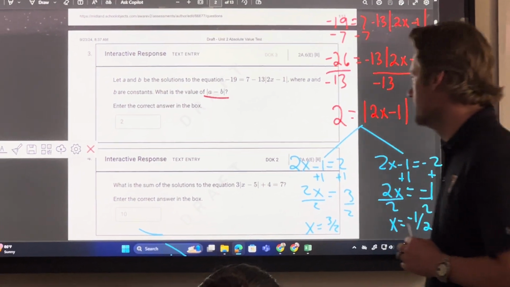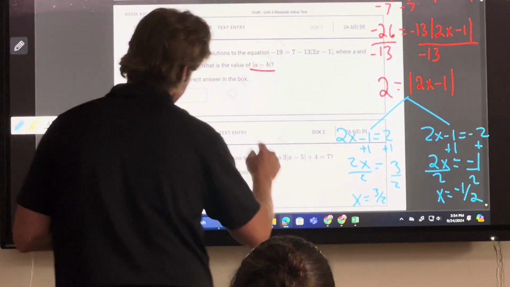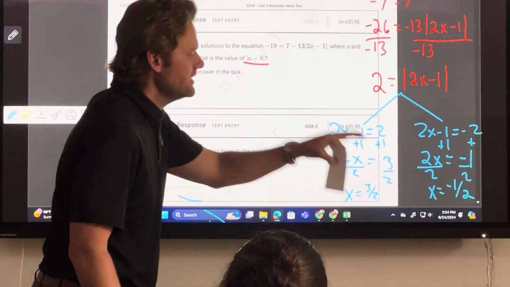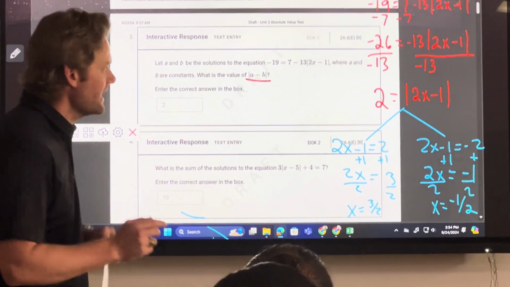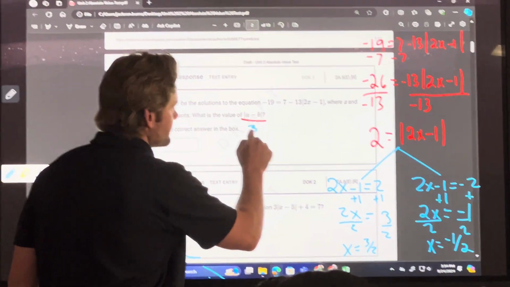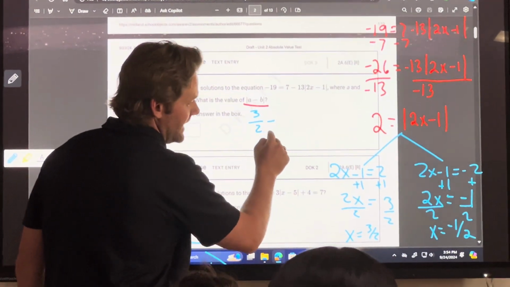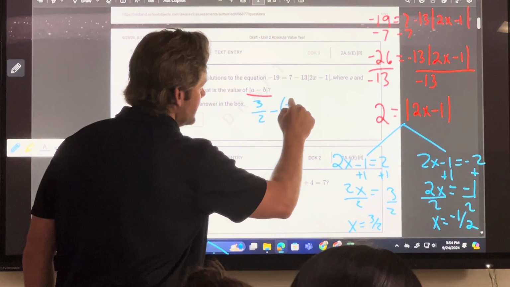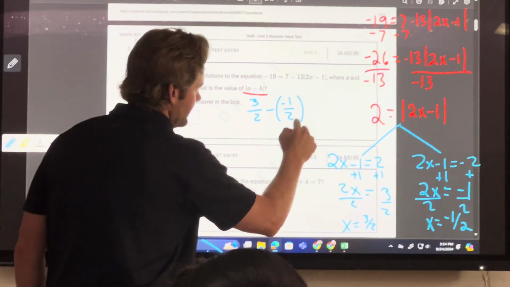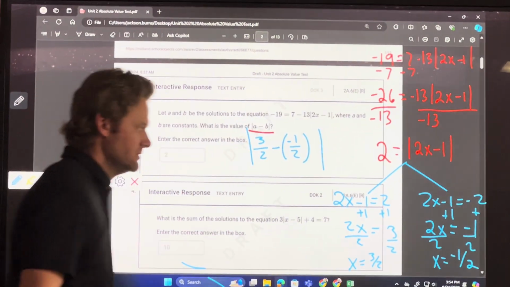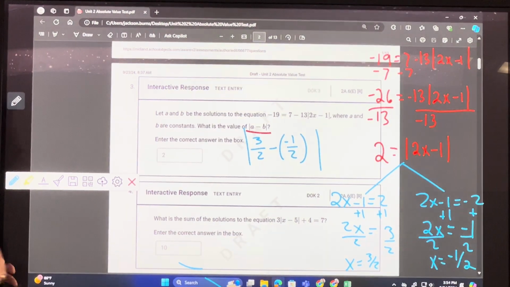So again, for my answer choice, I need the value of a minus b in absolute value. So I'm gonna have 3/2 minus -1/2, absolute value. So here's where everybody messes up, right?